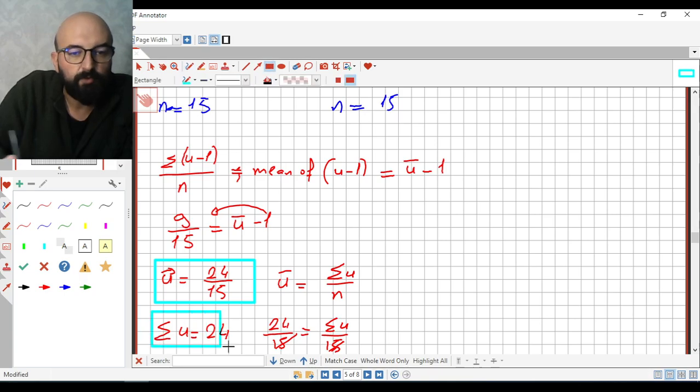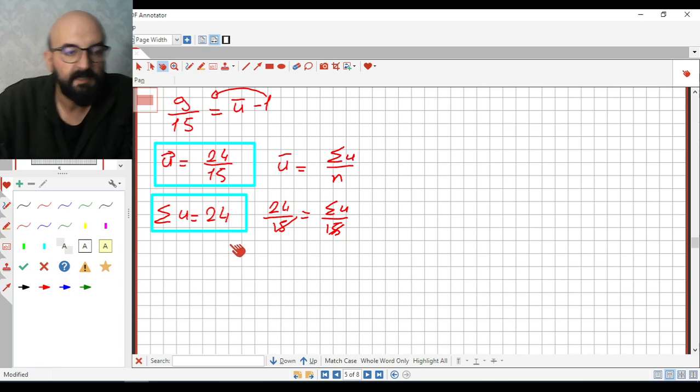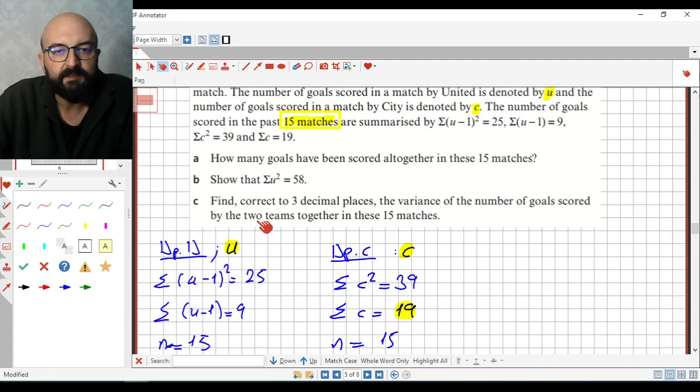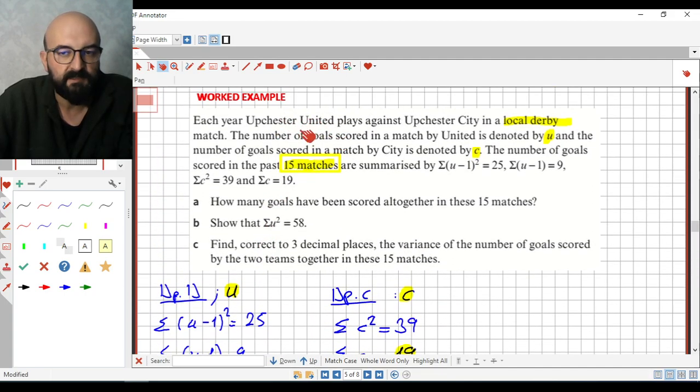The sum of U means the goals scored by Upchester United.